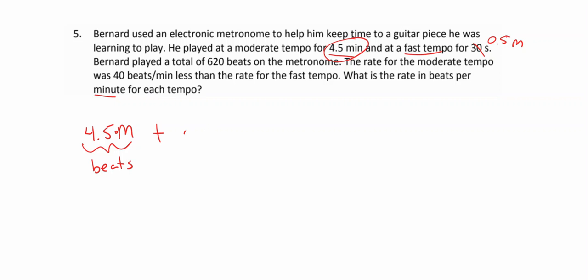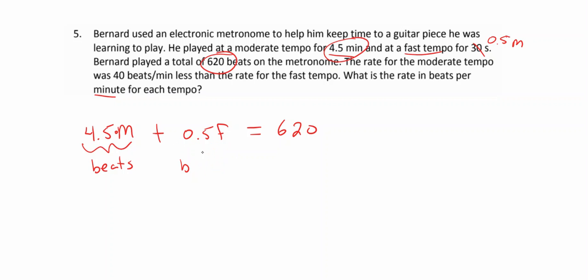That would be 0.5 minutes times not M, times F, whatever that tempo was. That's how many beats happen for the fast tempo. And all of that is equal to 620 beats in the end. So there's our first equation.